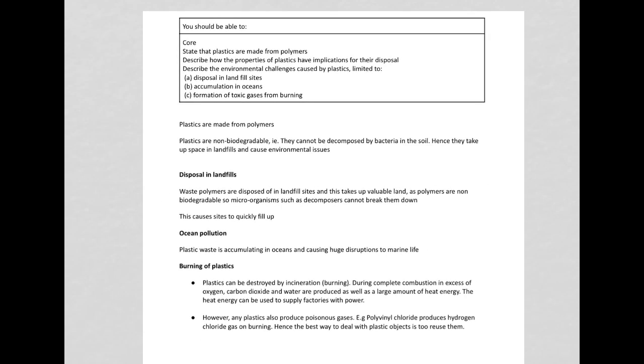Now, in core, you are supposed to know the problems due to polymers, and you have to know that plastics are actually made from polymers and that plastics are non-biodegradable, which means that they do not decompose by bacteria in the soil, and this is why they take up space in landfills and it causes environmental issues. Now, waste polymers are dispersed in landfills.